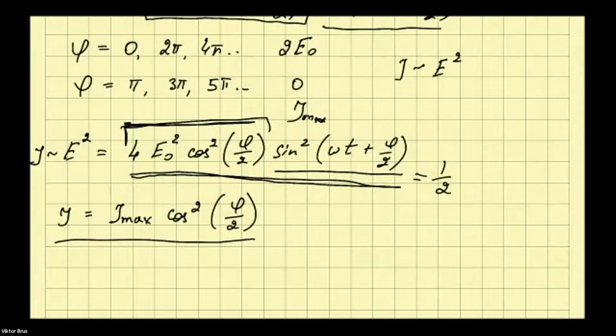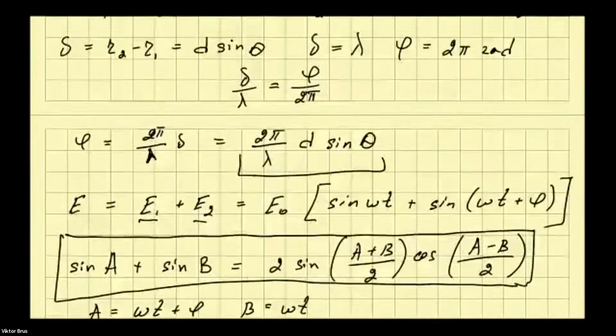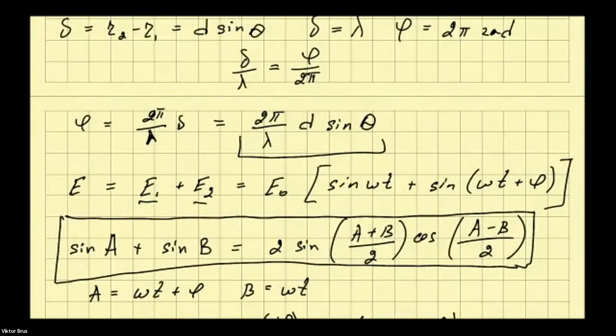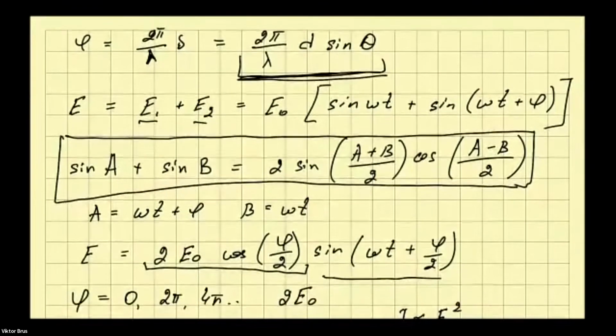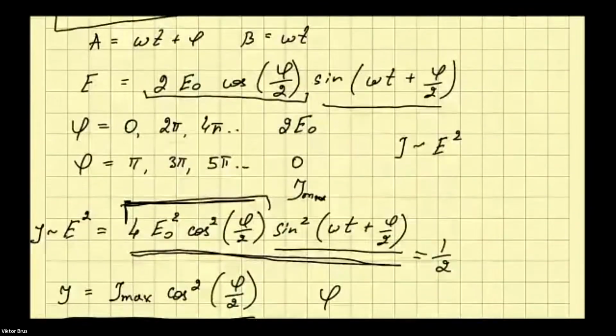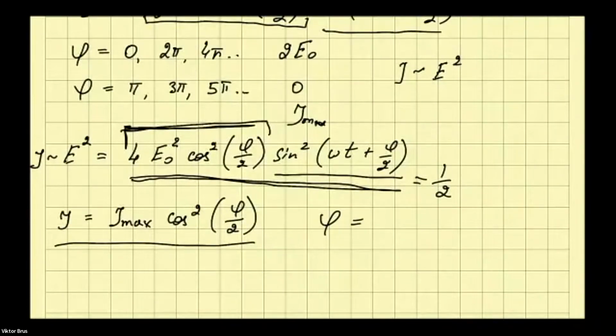So for that purpose, we need to recall how we expressed this phase difference, phi. Previously, we did that for this phase difference. Let me check here. Yes, it's 2 pi divided by lambda times d times sine theta, and theta is the angular position of this point. So here, let me write it down. It will be 2 pi divided by lambda times d times sine theta.